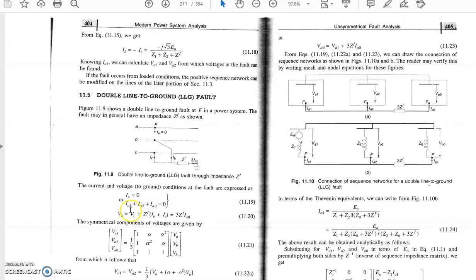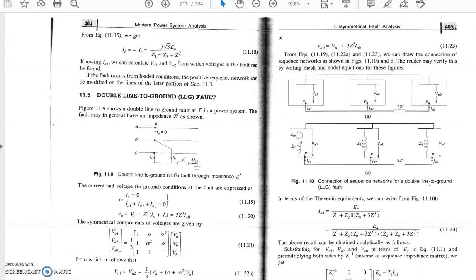So this equation becomes VB equals VC equals 3 ZF IA0. Or we can say that the fault impedance is ZF and the current is 3 IA0, which flows out of the fault. So this is the second step.